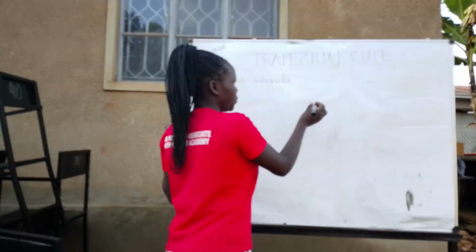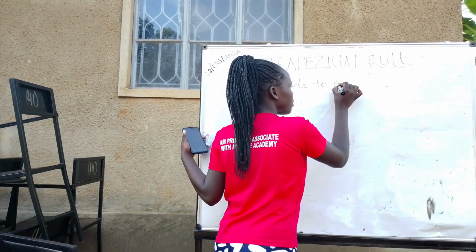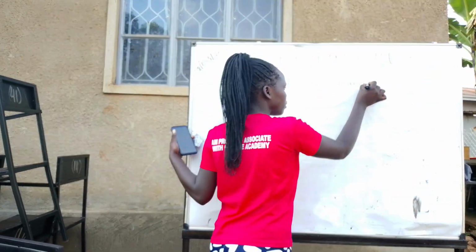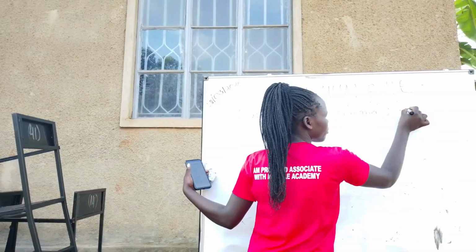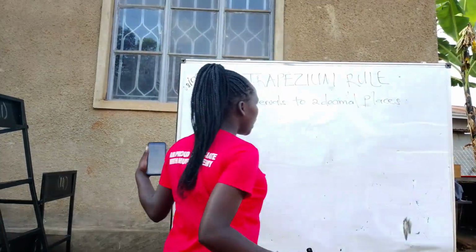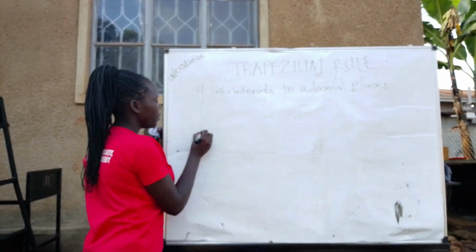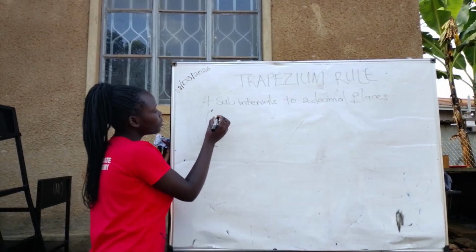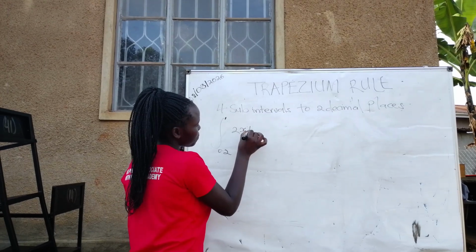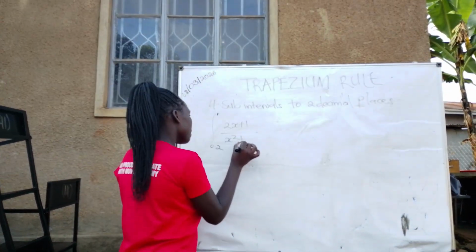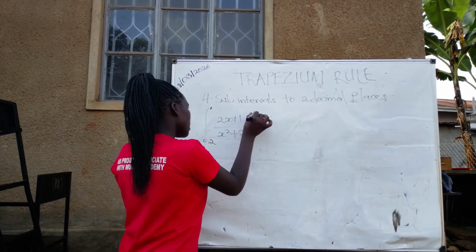Estimate, to 2 decimal places, the area of the function: the integral from 0.2 to 1 of (2x plus 1) over (x squared plus x) dx.